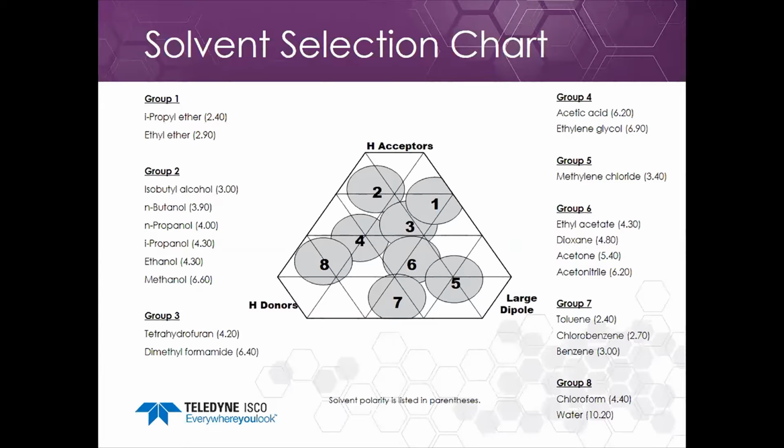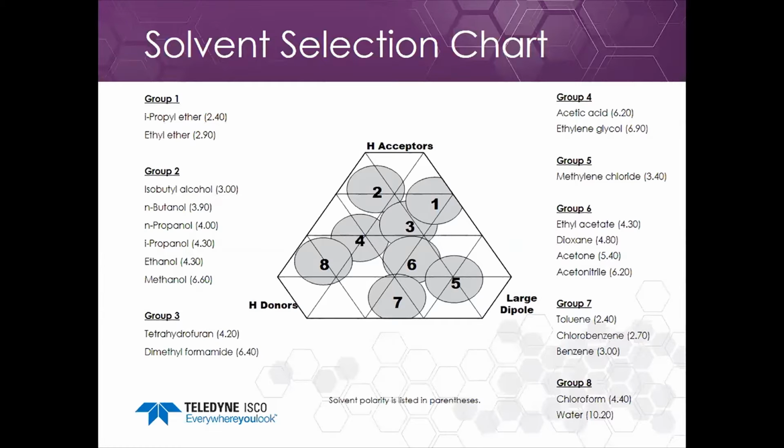As you see in group 2, we have all the alcohols, and those are really good hydrogen bonding acceptors and have some donor ability too. You're also looking at the dipole moment of these different solvents. So we can group solvents together based upon these different properties.